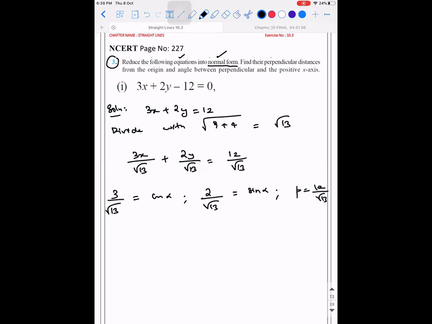What is the question actually? The question is x minus root 3y plus 8 equal to 0. But is it page 227 in your textbook? Yes, sir. But the question which you did was actually the second question's first subdivision.